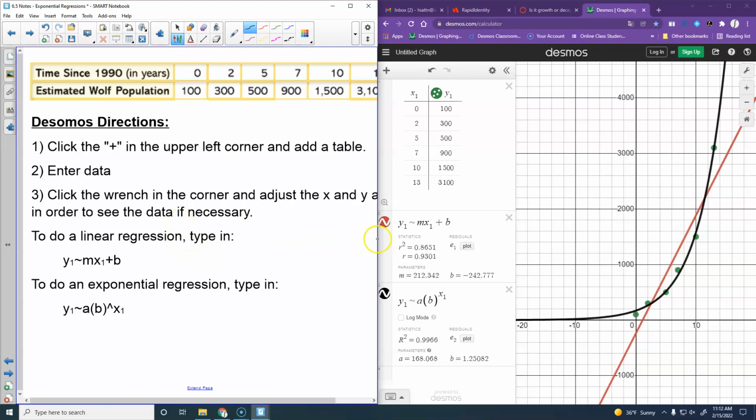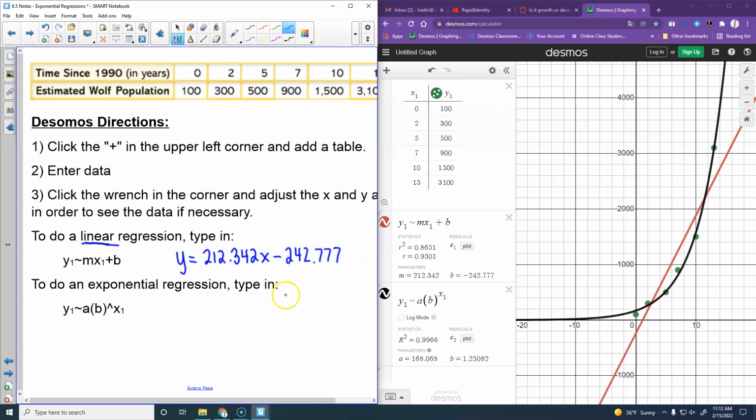So when you're writing your equation, when we're doing the linear equation here, linear is y = mx + b. We're going to write y equals our m value, 212.342, times x plus b, which in this case, since b is negative, I'm going to make it a minus 242.777.